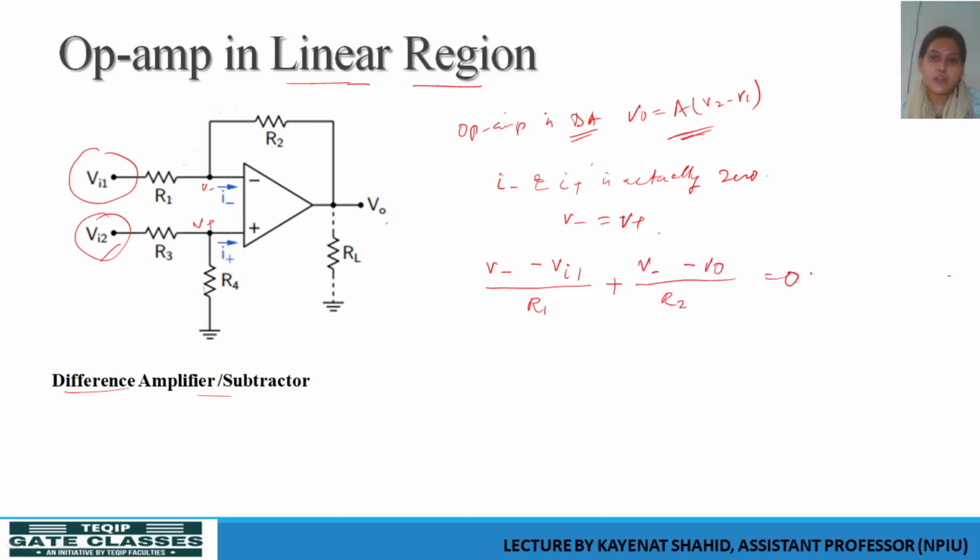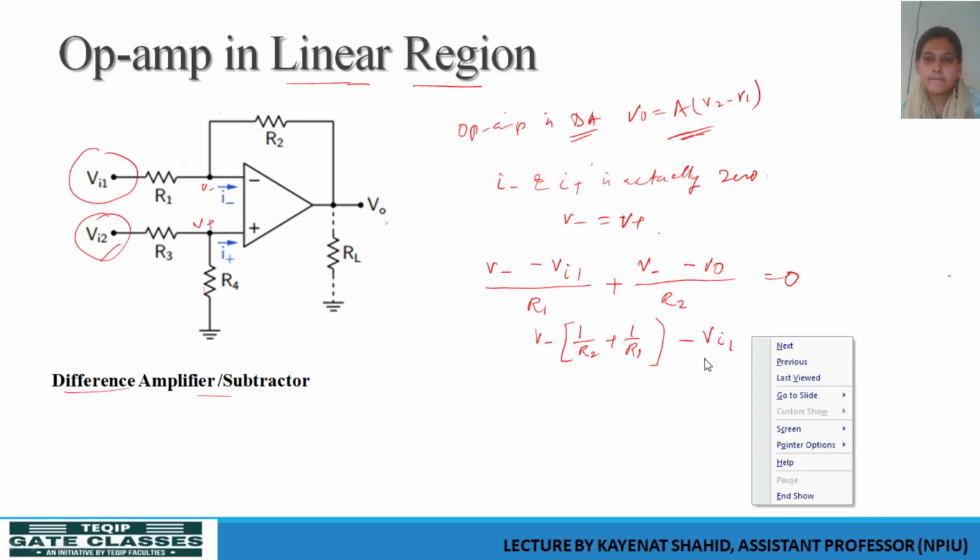From here we can have a relation: this V minus can be written as 1 by R2 plus 1 by R1. Why we are writing this in this way, we will be discussing soon. So this is your V minus, and we can write VI1 by R1, and VO by R2 equal to 0.